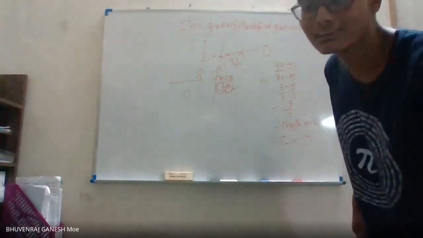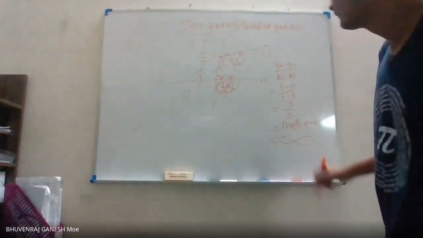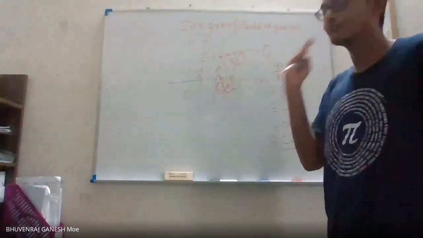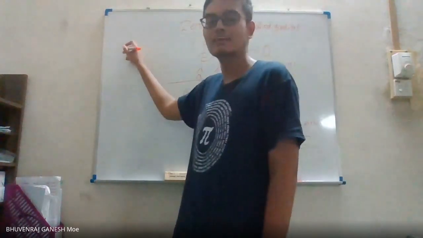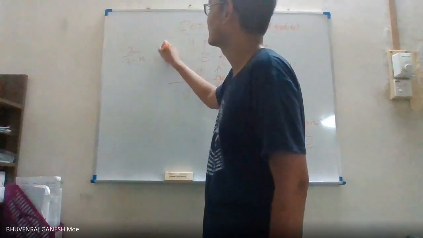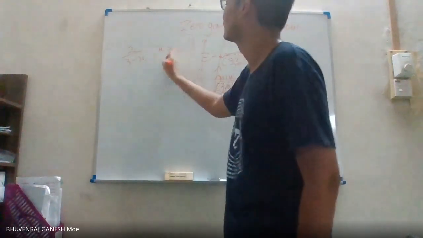You've seen this before, right? In the functions chapter, they will put something like 2 over 3 minus x, and then you have to state the value: x cannot be equal to 3.